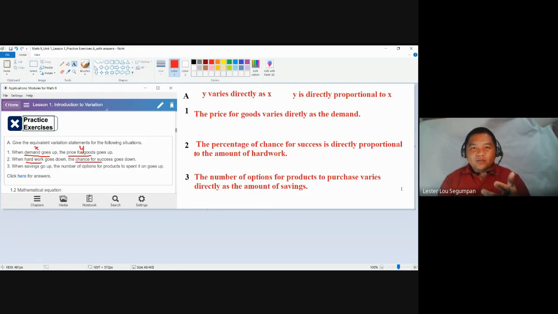Let me go back to the reason why we need to have a proper variation statement. Number one, you need to come up with a variation statement to make sense of the situation. And number two, the more important one, as you go through problem solving later on, you will use your variation statement as you make your mathematical equation.